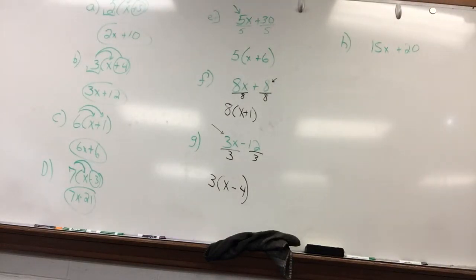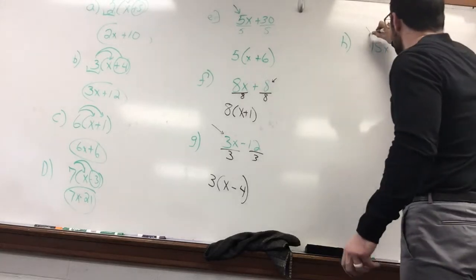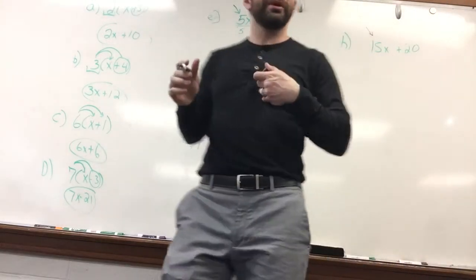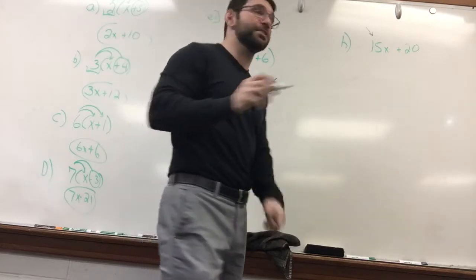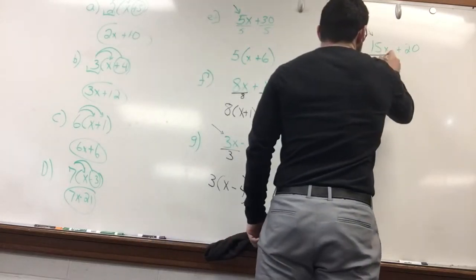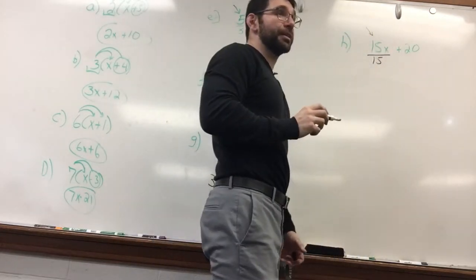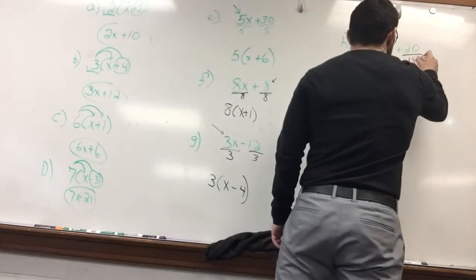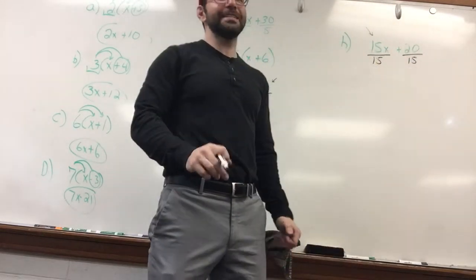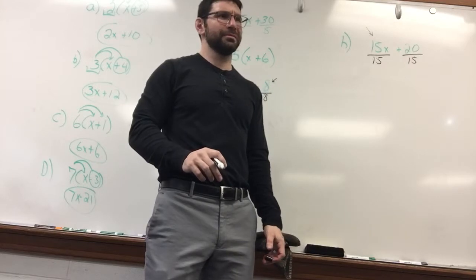Hi, DJ. DJ, what's my smallest number? 15. So, by my choice, I've said, hey, 15's my smallest number. 15 can absolutely be divided perfectly into 15. 20 divided by 15, is that going to give me a whole number?